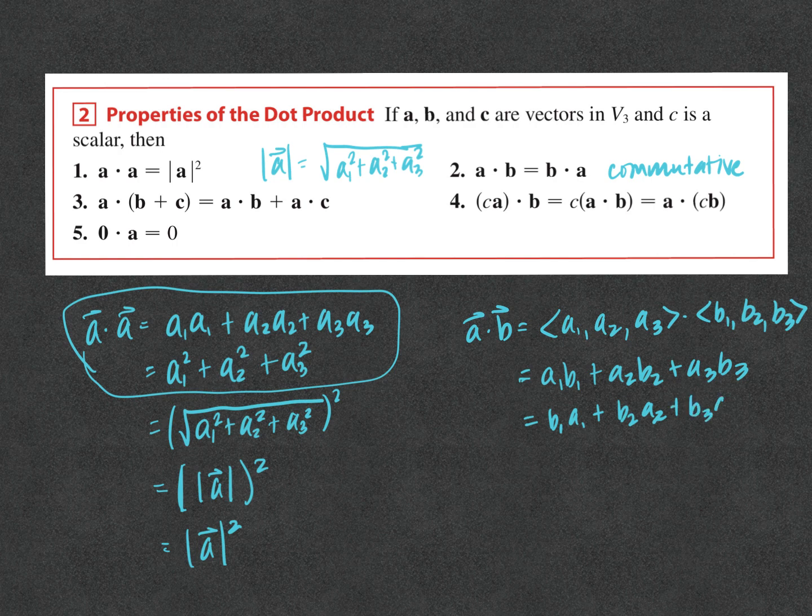So we're going to use the commutative property to say the B's come first. So we're going to write it as B1A1 plus B2A2 plus B3A3. Now we're going to pull that back apart and say this is B1, B2, B3, dot product, A1, A2, A3. So this is vector B dot vector A. The commutative property does hold.